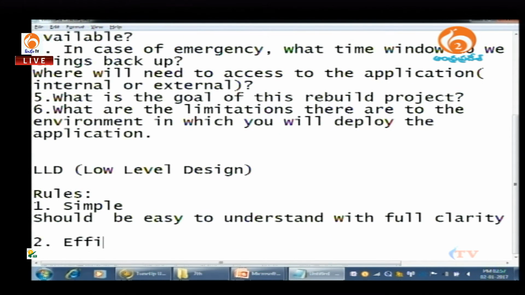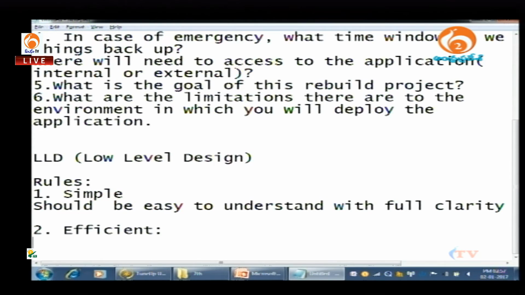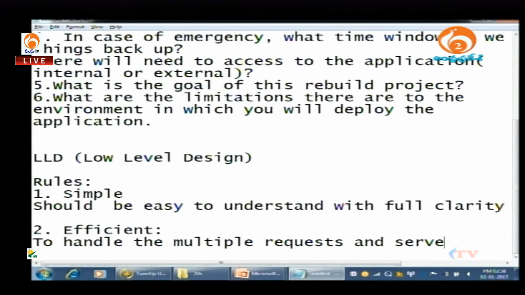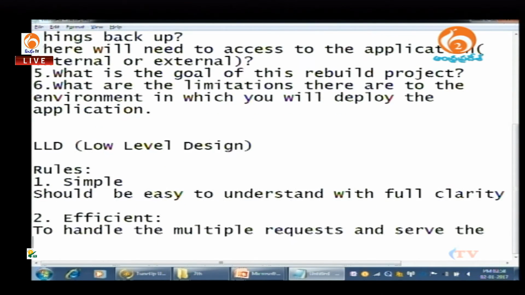It should be efficient. The design should be efficient to handle multiple requests and serve the response to end users.